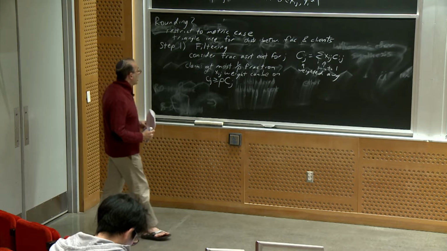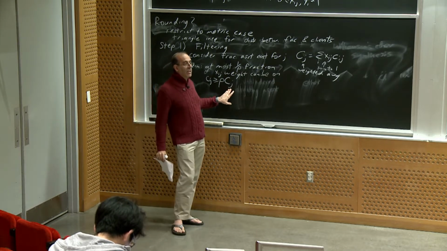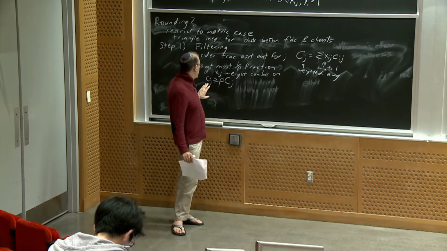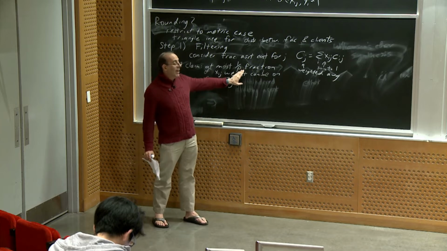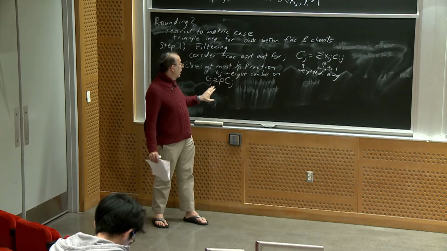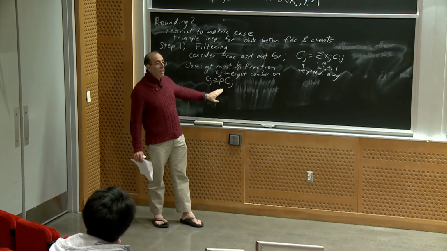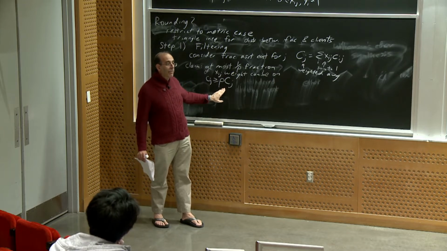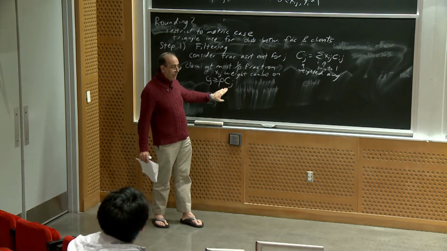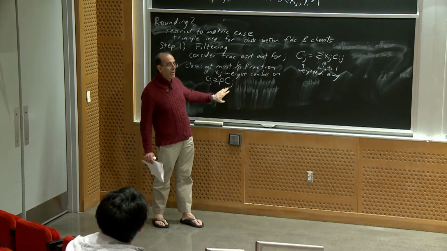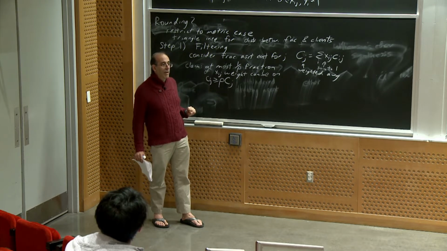Okay? So again, Cj is the average assignment cost for this client. So we're saying that only a small fraction of the assignment can go to facilities whose assignment cost is significantly above average.